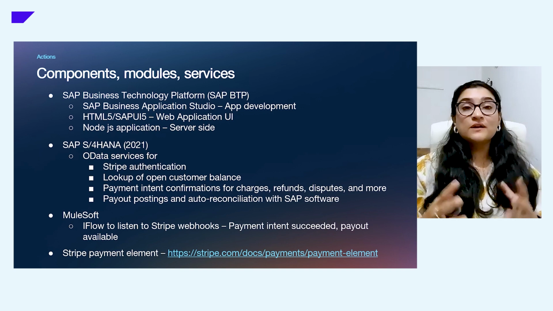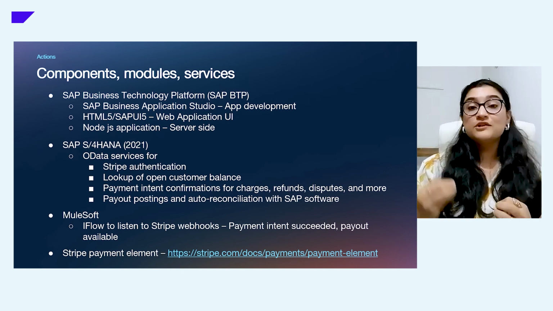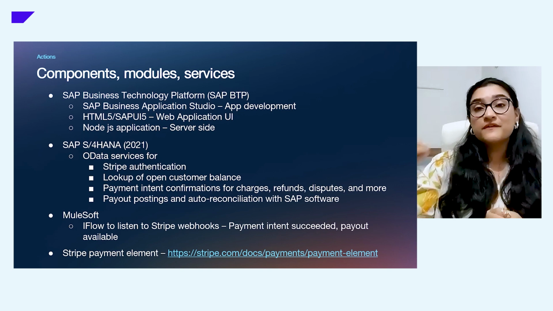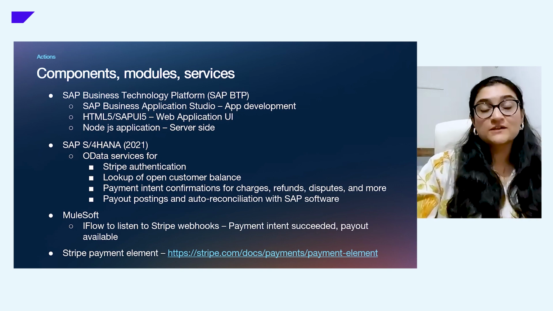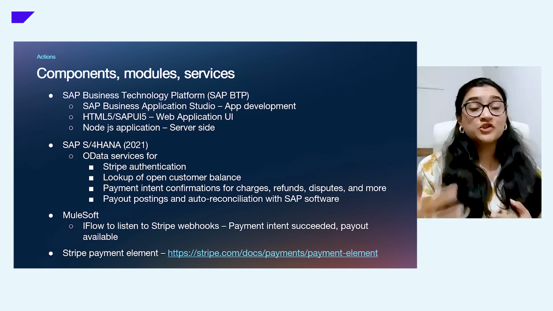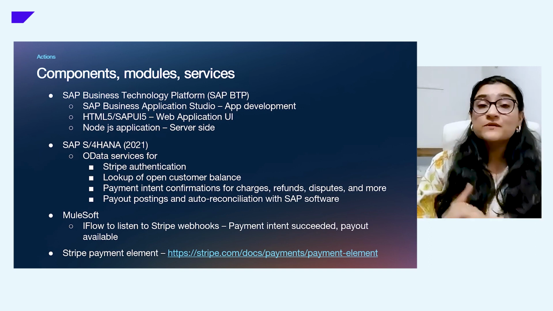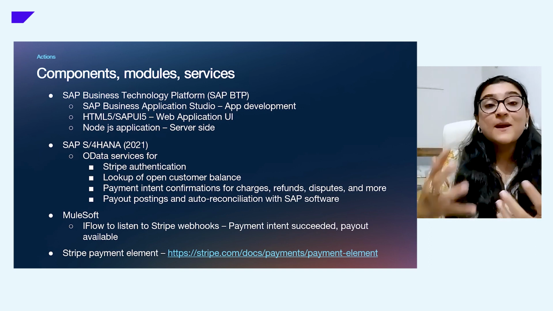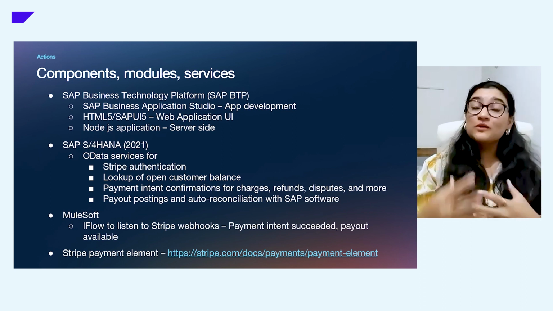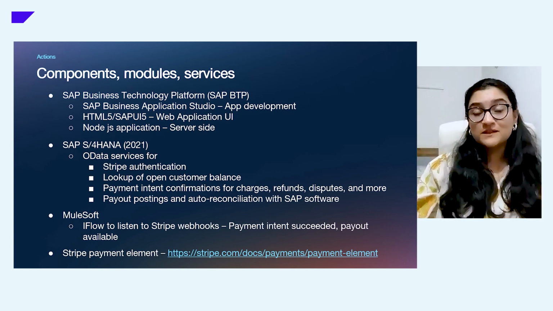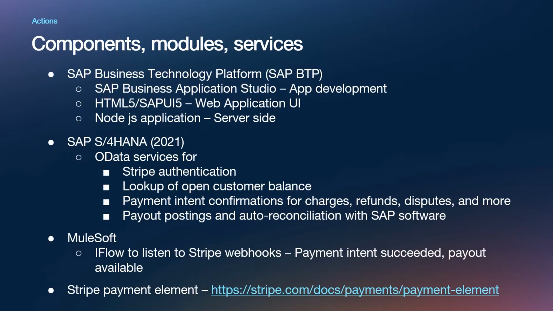This was used to create and generate the UI application that is a customer-facing, internet-hosted application designed in SAP UI5, HTML5 technology. We also created a Node.js application using Business Application Studio, which works as a server-side application in this particular solution. S/4HANA 2021 mainly was leveraged to create the secure OData services that would ultimately talk to the Stripe server via Business Technology Platform.